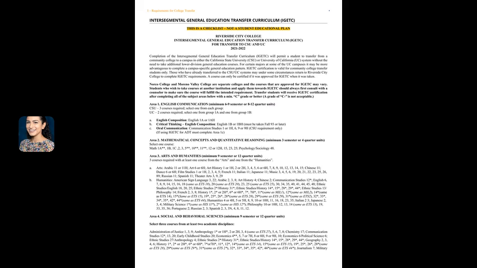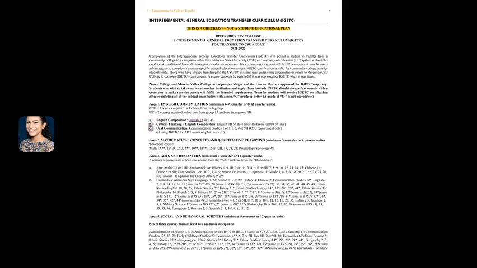So notice that for a CSU, it says that you need to have 3 courses from each of the groups. So you need to have a course from each group: group A, group B, and group C. Normally you would take English 1A, or honors as well, and then English 1B, and then a communication studies.